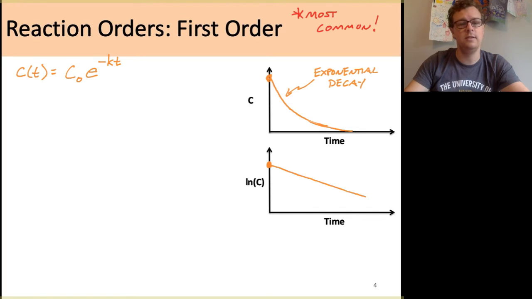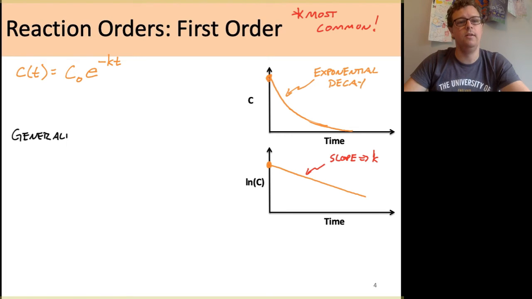The exponential is described as I've written in the top left of the slide here. Concentration through time equals C0 times e raised to the minus k times t power. The slope of that natural log of concentration through time, that's what gives us our reaction coefficient.